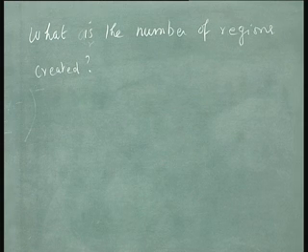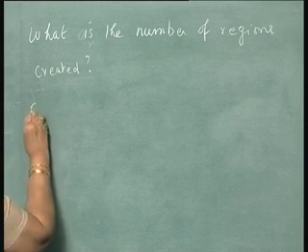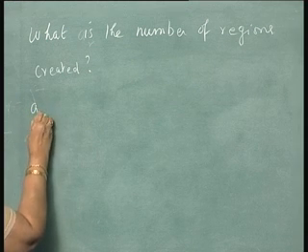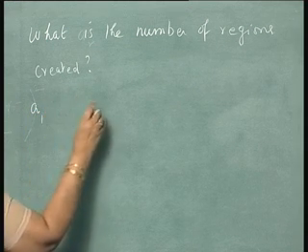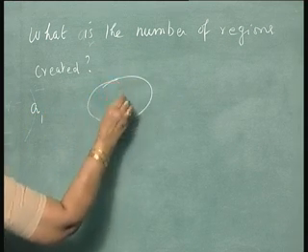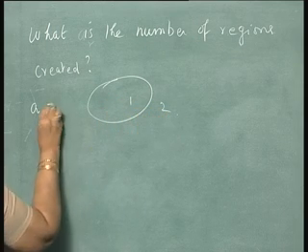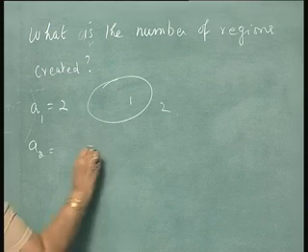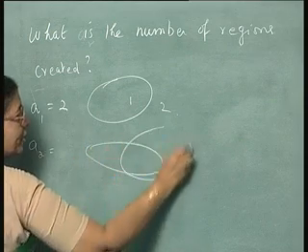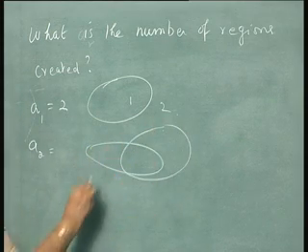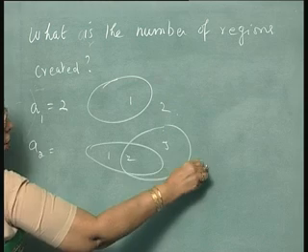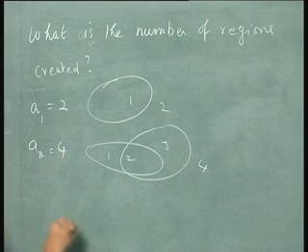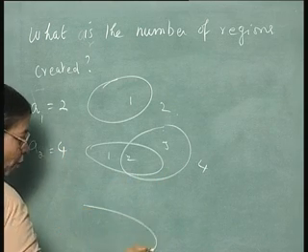That is what we want. For example, A naught does not have any meaning. A1 is one oval. If you draw one oval, it divides the plane into two regions. So, A1 is 2. What is A2? If you have two ovals, it will divide the plane into 4 regions. A2 is 4.